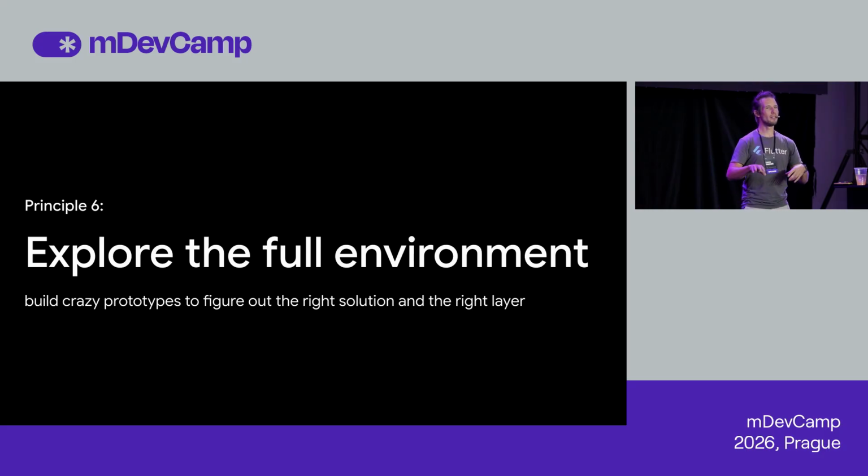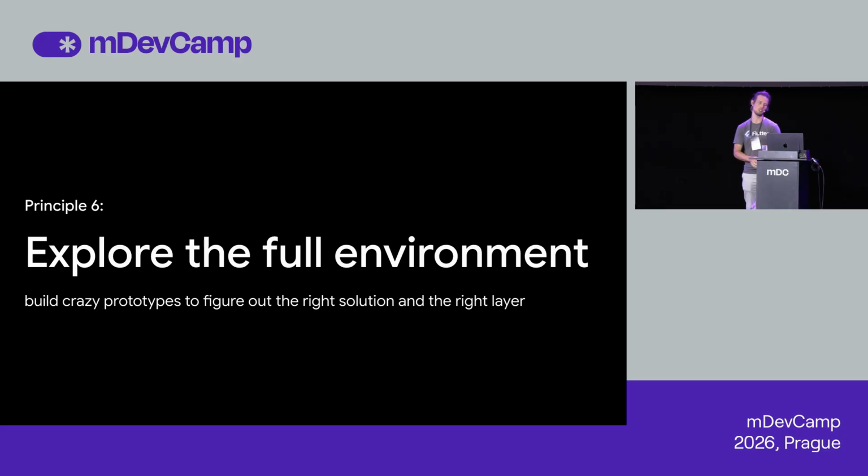Because nothing is as valuable in the ecosystem as someone who understands more than one layer. Because if you understand more than one layer, you can communicate with all the people that understand the other layers because you speak their language and it's much easier to reach a solution.